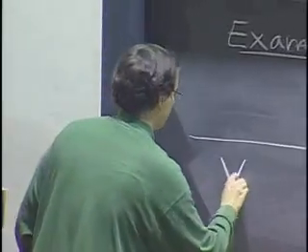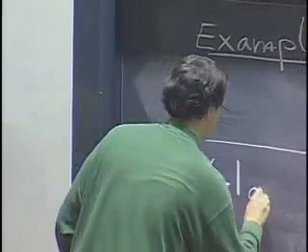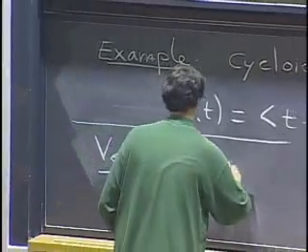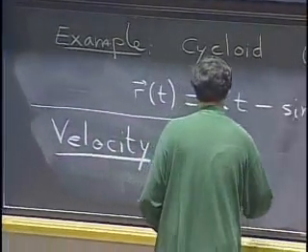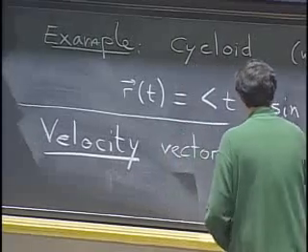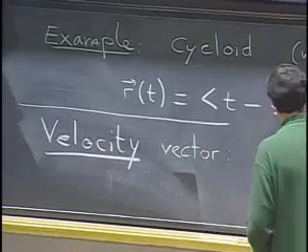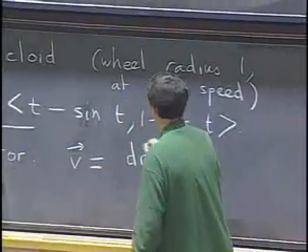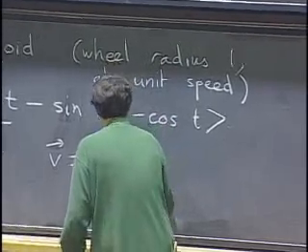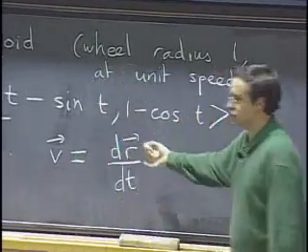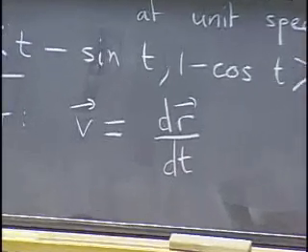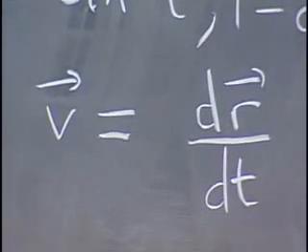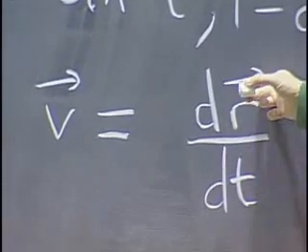And so that's called the velocity vector. It's usually called v, where v here stands for velocity more than for vector. And you just get it by taking the derivative of the position vector with respect to time. Now it's our first time writing this kind of thing with a vector.